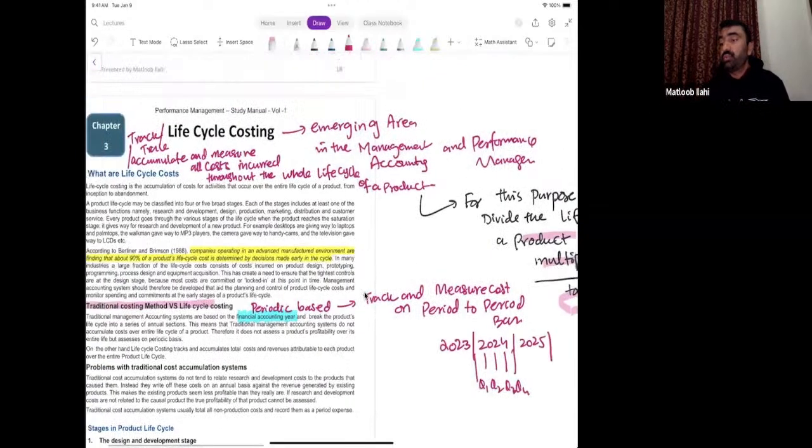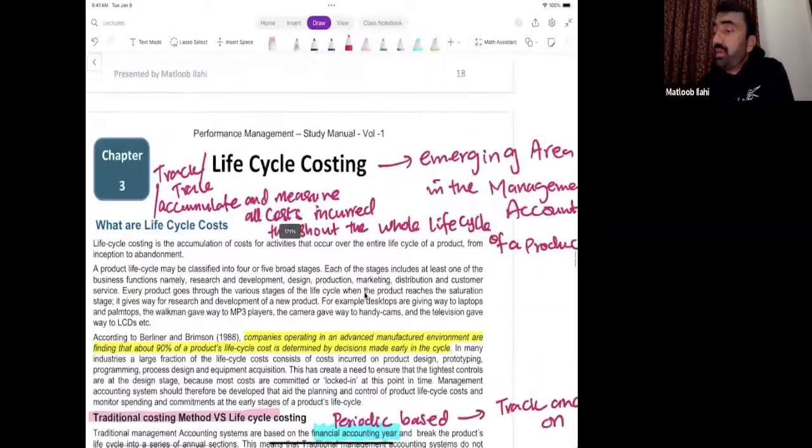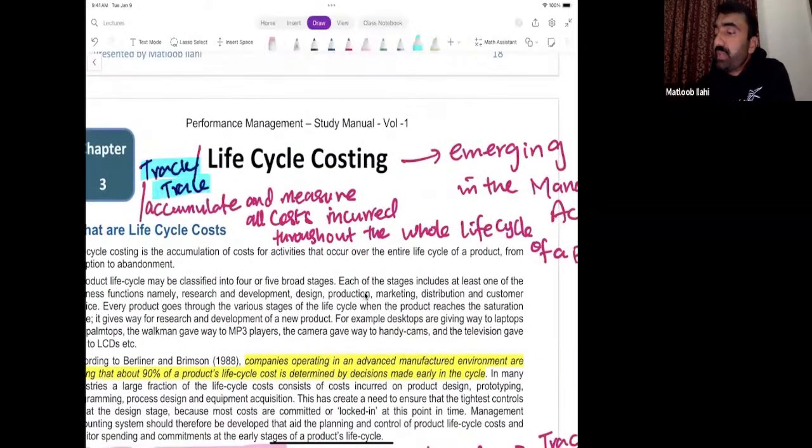Okay, the words I have used here: track, trace, accumulate, measure, and I need to add this one, and report and control. Yes, we need to add all these words because this makes the comprehensive discussion. Accumulate, then measure, report, and control.